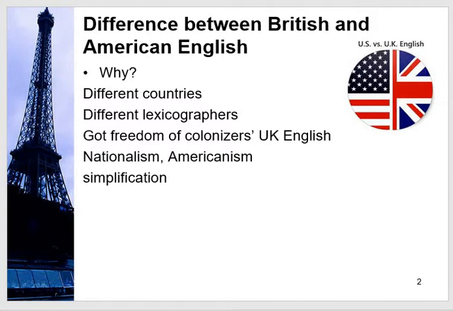They considered that if they followed British English, it meant they were still in a situation of American linguistic slavery. So, if they had gotten physical freedom, their language should also be free from foreign influences.